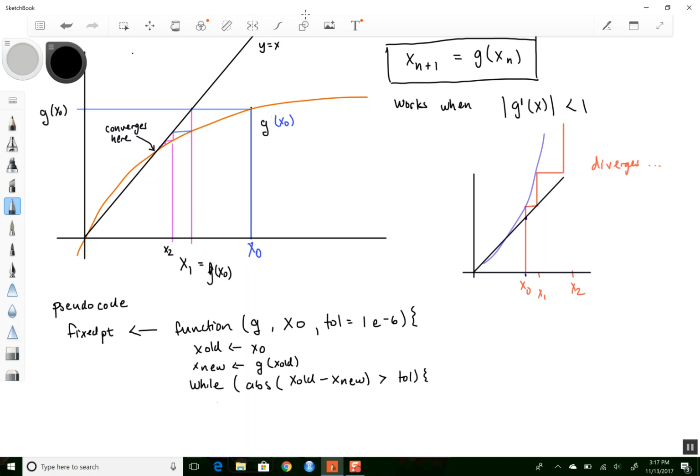Then continue the loop. All the loop does is take your current value of x new, throw it into x old, and then reassign the new value to be g of x old. Okay, so we'll do that. We run that while loop, and at the very end, return your latest value of x new.